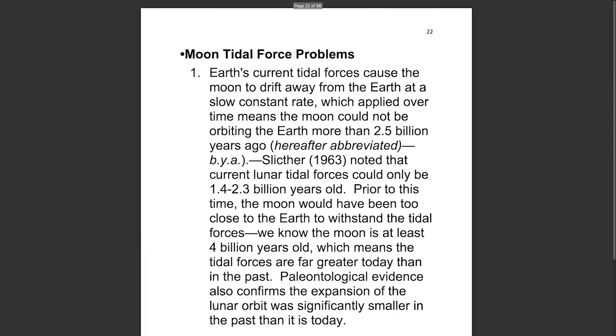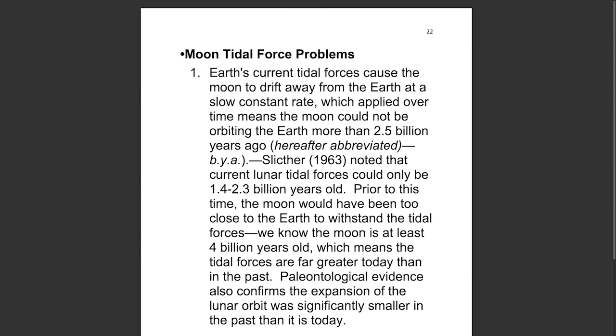So then the next problem, moon tidal force problems. Earth's current tidal forces cause the moon to drift away from the Earth at a slow, constant rate. Applied over the time the moon has been orbiting, it shows, based on many items that I'll mention here, that the moon could not have been orbiting for more than 2.5 billion years.